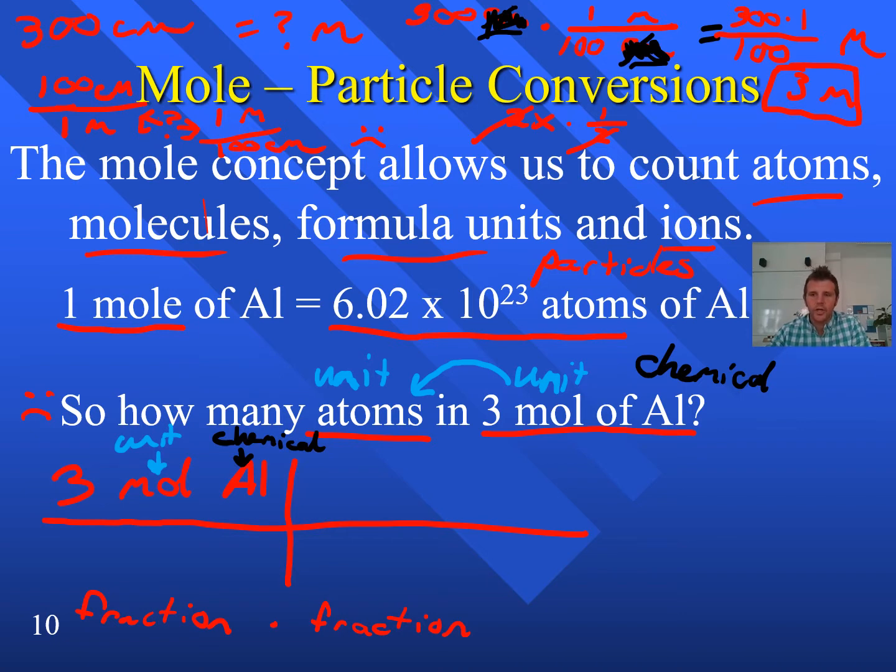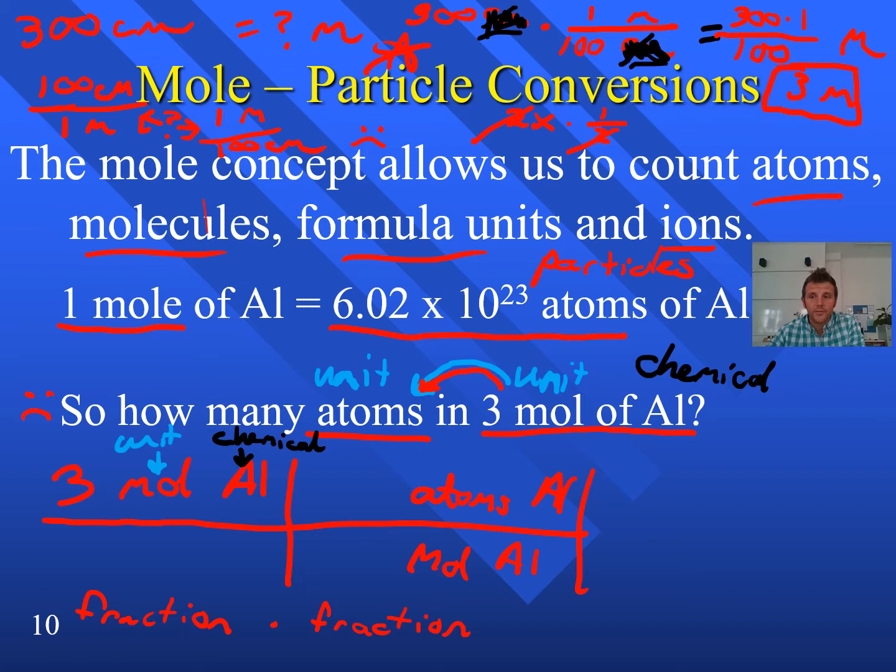So then what I know is I don't want moles. So just like up here, I'm going to put moles on the bottom, moles of aluminum. And I want to switch it from moles to atoms. So atoms is going to be on top, and I'm still talking about aluminum.